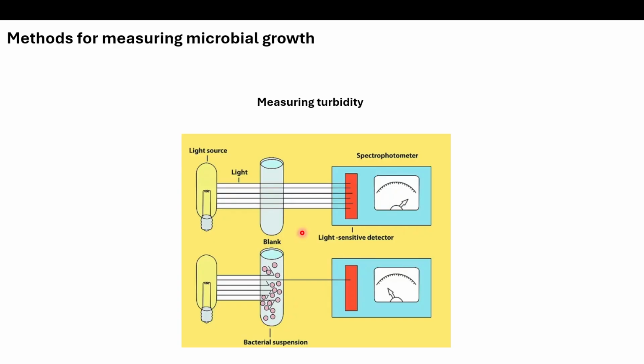If the cells are resuspended in any kind of buffer, then the buffer without the cells is read first, and that is the blank measurement taken as the reference reading. And then you start measuring your cell suspension, whether it is in buffer or in culture medium. Accordingly, you take the blank measurement and then start measuring the turbidity of your sample.